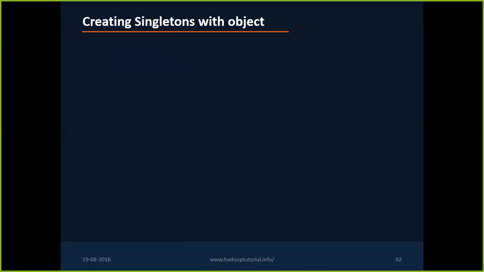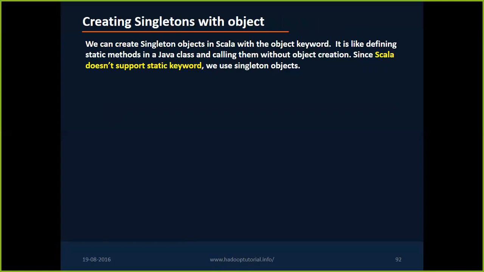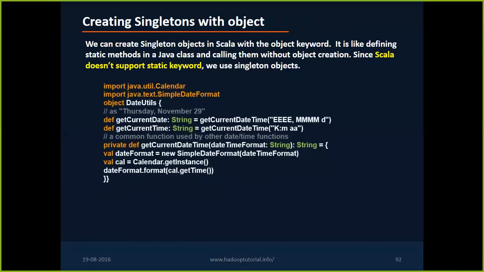Okay, so till that level we have discussed creating singletons with object. Again, this is the same point: Scala is more object-oriented than Java, and that's the reason we don't have support for static methods.